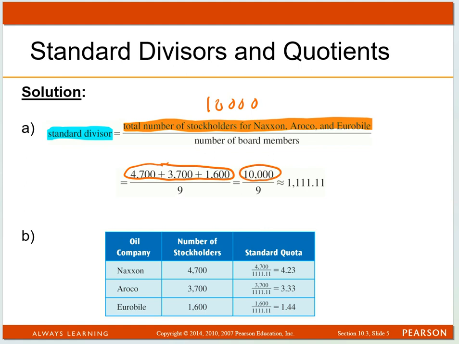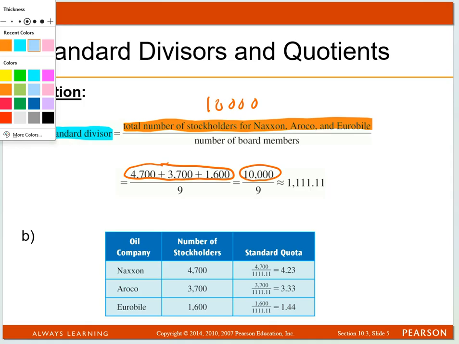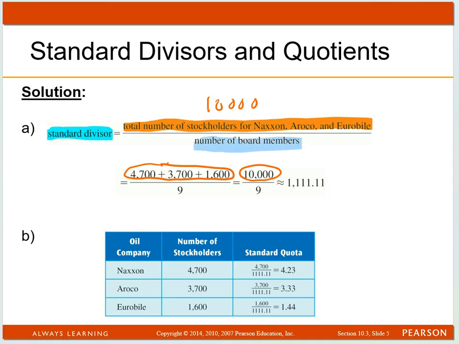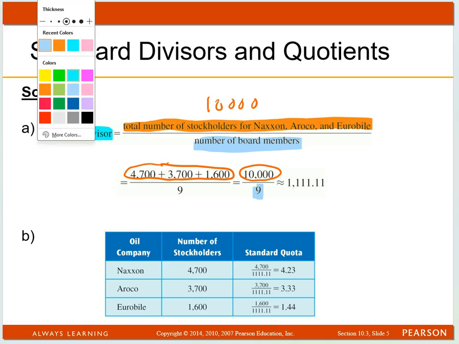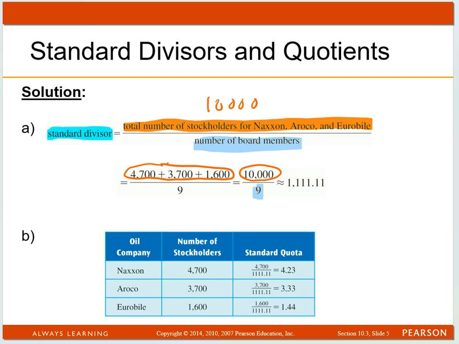There's the 10,000, and then you divide it by the number of board members, which I highlighted in blue, and there's the 9. So that's the standard divisor, and round it off to whatever your MyMathLab tells you to. This one rounded to 2 places. That's what they call the standard divisor, the number you're going to divide by. Divisor, divided.